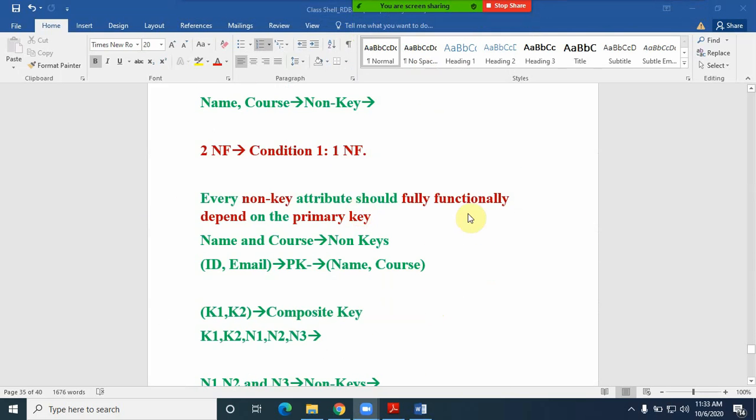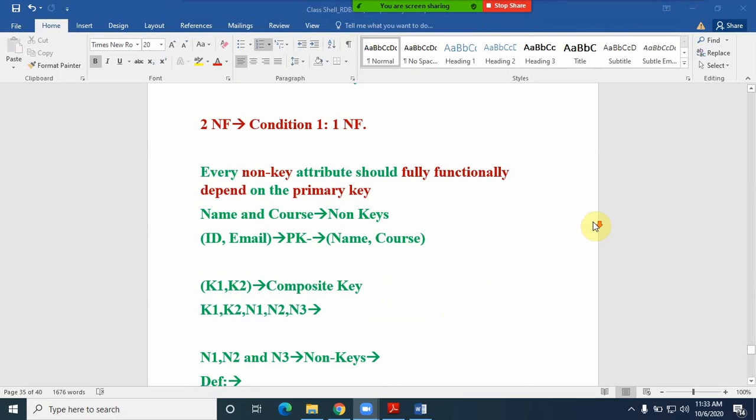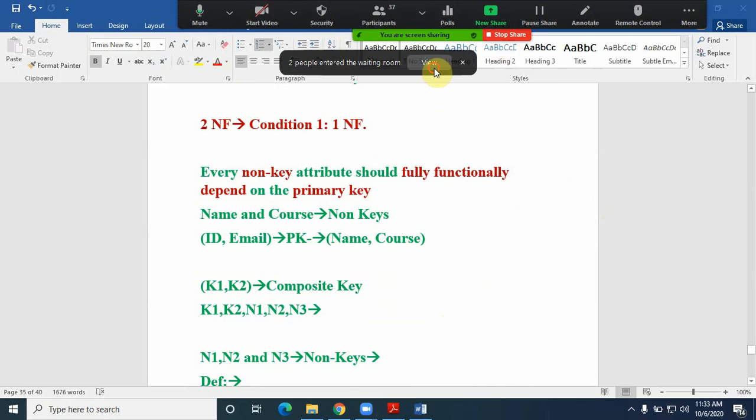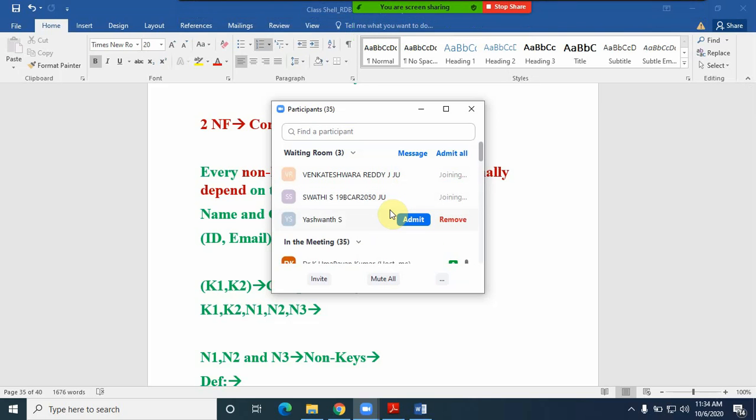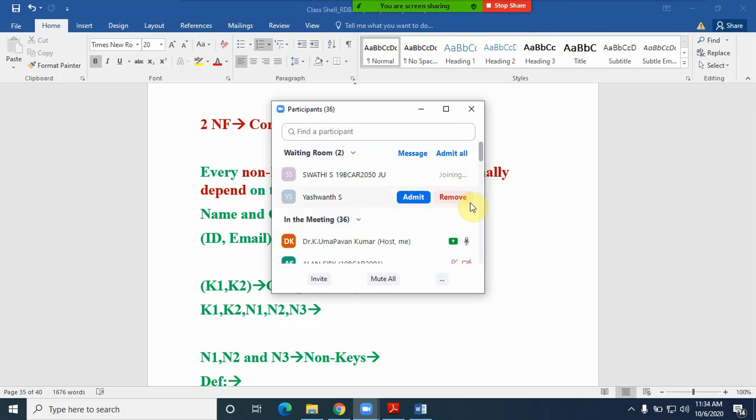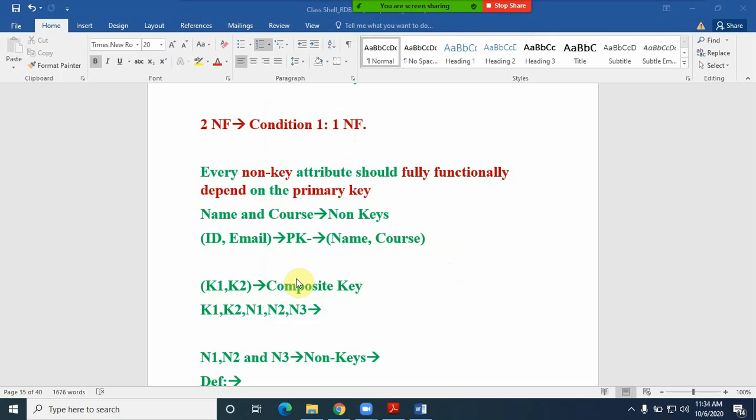Coming to the second normal form, we saw partial dependencies. Suppose I have some information, and a data item is partially dependent. Suppose name and course are non-keys, and ID and email are the keys.